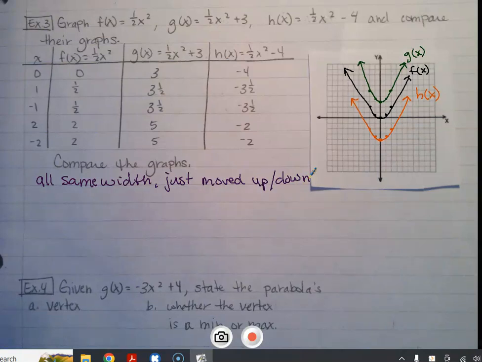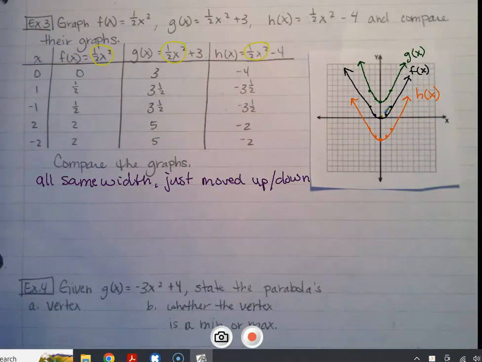The b variable, or the adding or subtracting something, because they all have the 1/2 x squared. Every single one has that in common. All right. The one that doesn't have anything added to it is that first one. So its origin stayed at 0, 0.